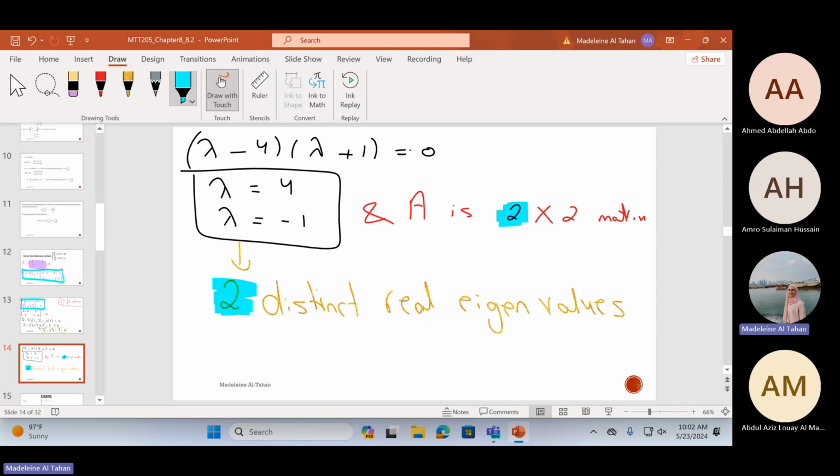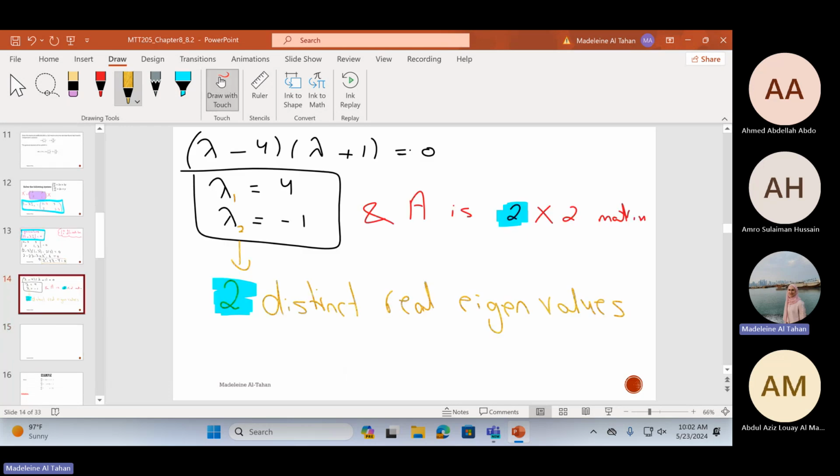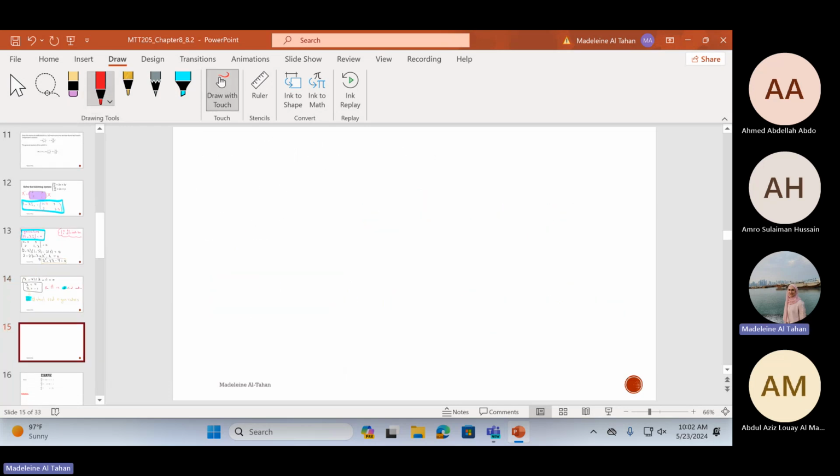So now we can rename them lambda 1 and lambda 2. Any questions? Did you finish writing from the board? Now, what do we need with eigen? For eigenvectors, how do we do it? A minus lambda I. In our case, we would put eigen.